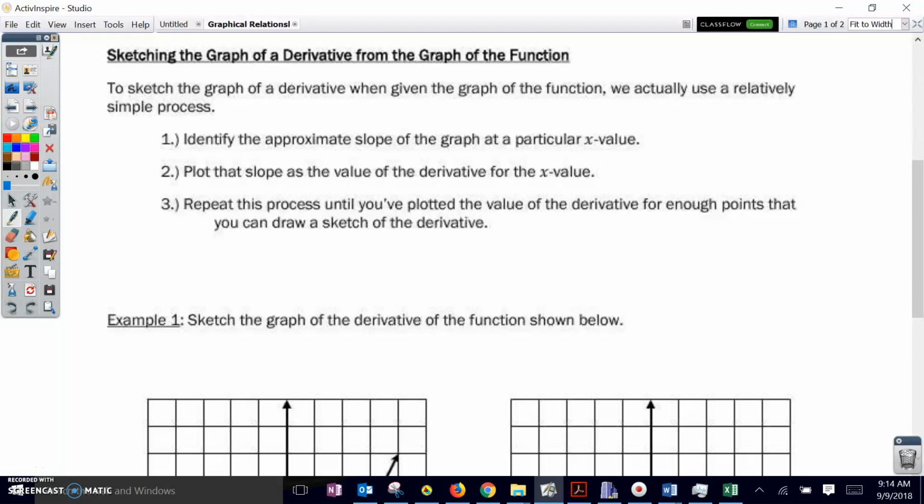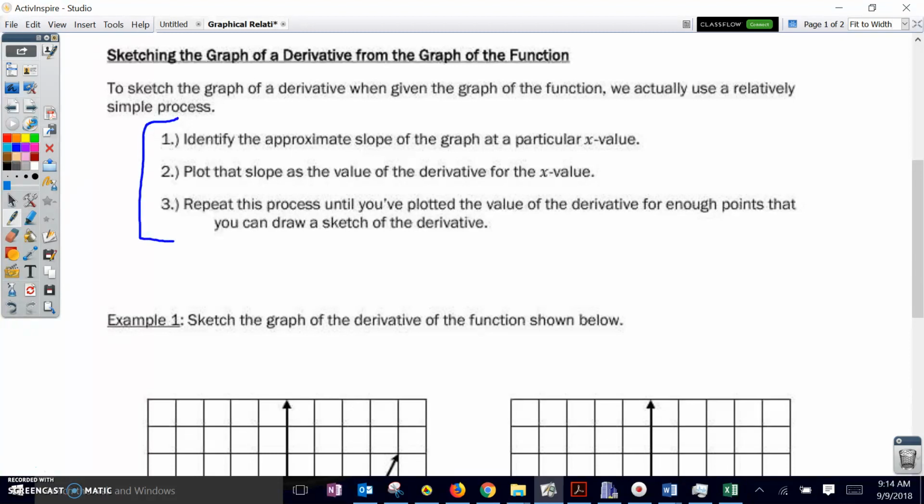Alright, in this video we're going to be looking at some examples from the graphical relationships lesson. Our whole plan here is to relate the graph of a function to the graph of that function's derivative. When we're trying to sketch the graph of a derivative from the graph of a function, we're going to use these three steps.